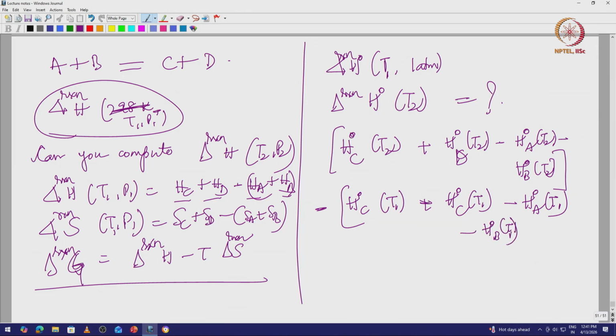So this is the delta H reaction at T2 and this is the delta H reaction at T1, right. So this is what I have, this is what I know. So I do not need to minus it, this is what I need to compute.